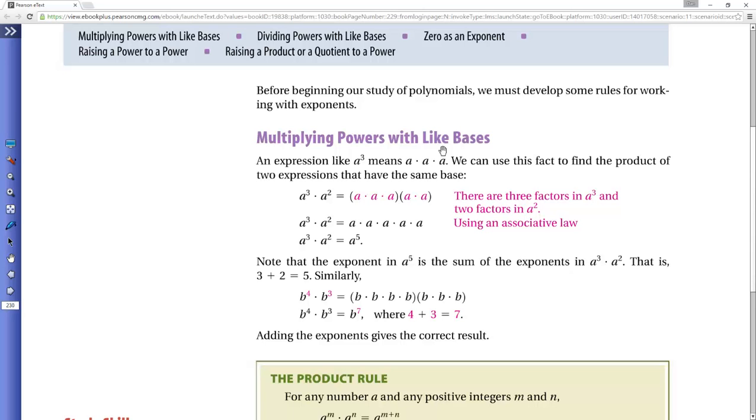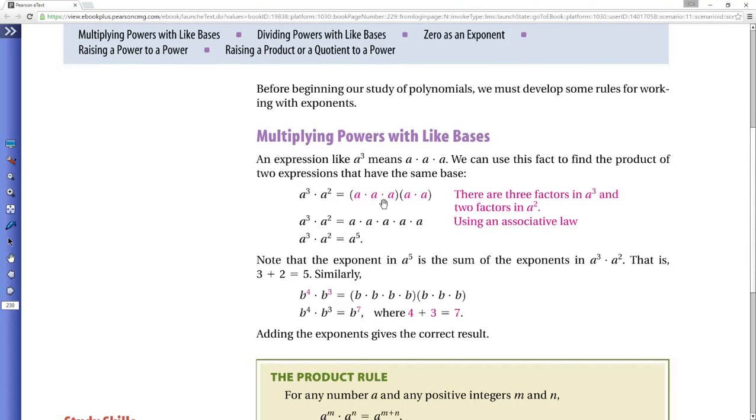The base is the factor that's being multiplied multiple times, where the exponent is how many times it is a factor. A is the base, and the 3 here, the exponent, is how many times a is a factor or part of this multiplication.